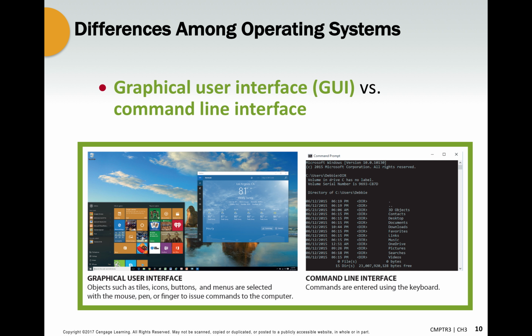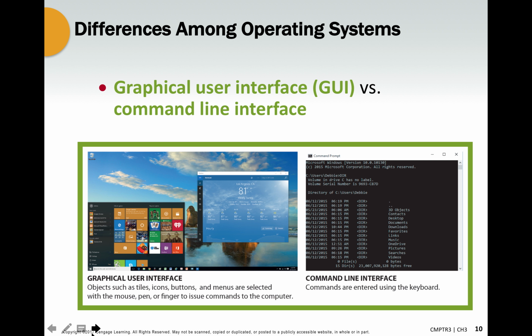Differences among operating systems. There's a graphical user interface versus a command line interface. With your graphical user interface, objects such as tiles, icons, buttons, and menus are selected by the mouse. And then your command line is the more basic form, where everything is done through your keyboard.